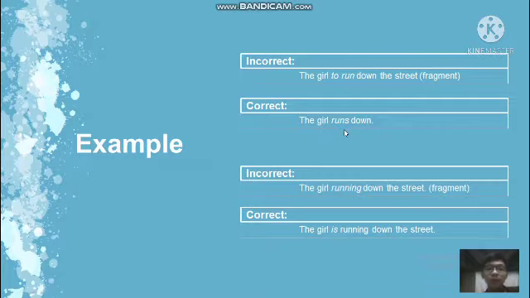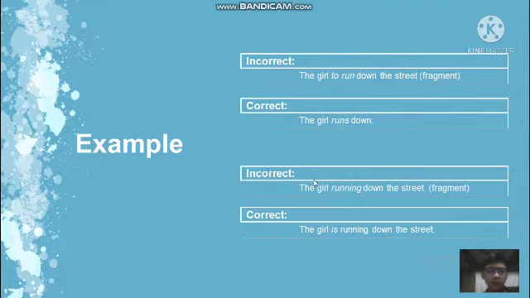For example, the girl runs, so the subject girl agrees with the verb runs. The girl is singular, so the verb has s. If the subject is plural, for example girls, the verb run will be without s.